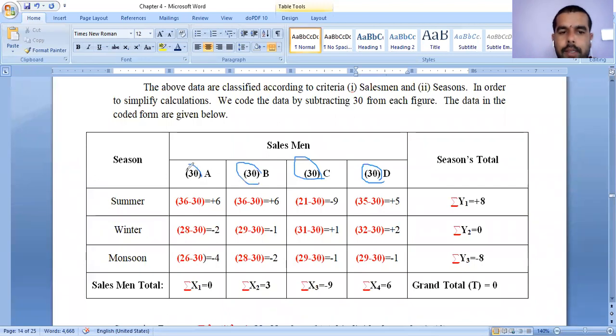Then I did the subtraction with the individual variables, and I got 6, 2, 4, 6, 1, 2, 9, 1, minus 1, plus 5, 2, minus 1. Then we find sigma x1, sigma x2, sigma x3, sigma x4, sigma y1, sigma y2, sigma y3. Then the correction factor is 0. Sometimes the correction factor will be a number, and then you have to subtract that number.